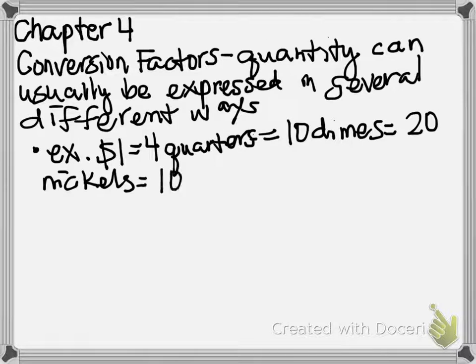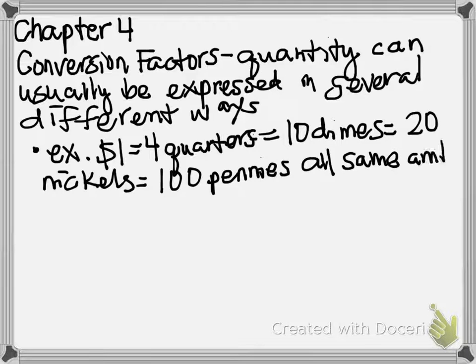I could have 100 pennies. All of those are the same amount. That is the idea behind conversion factors, is that you have different ways to express the same amount.